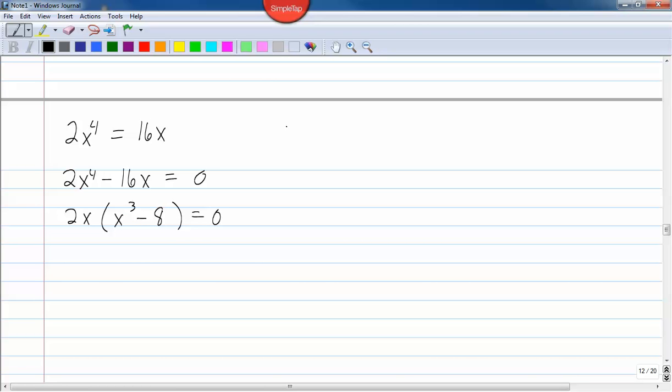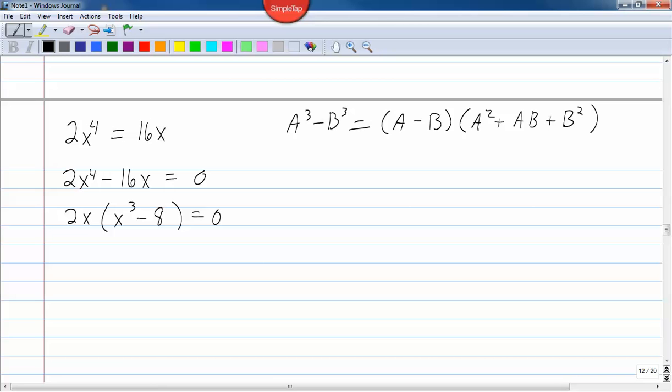So, for the difference of two cubes, the way you factor that, it's going to be a minus b times a squared plus ab plus b squared.